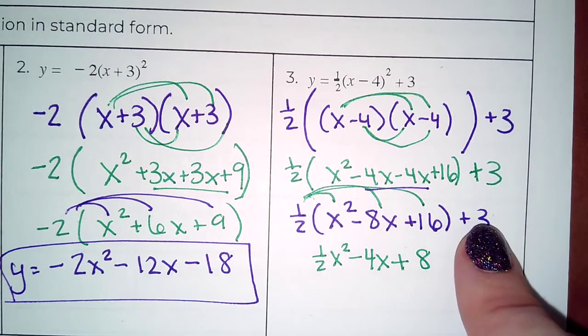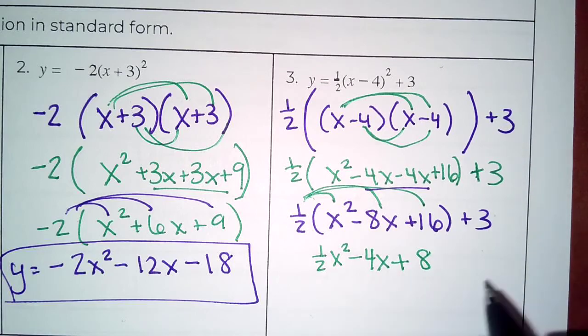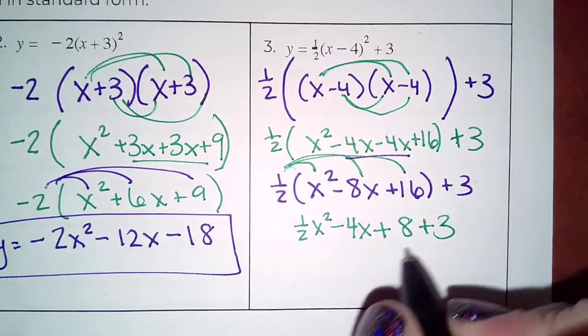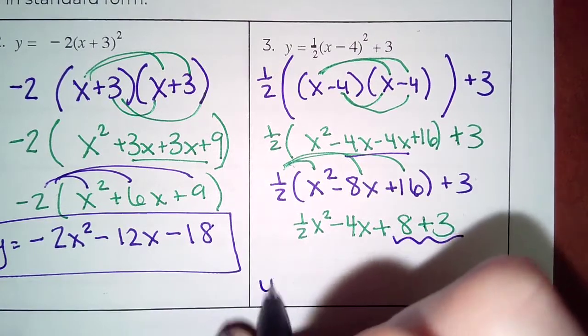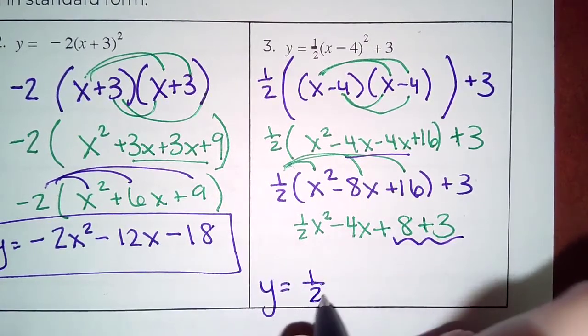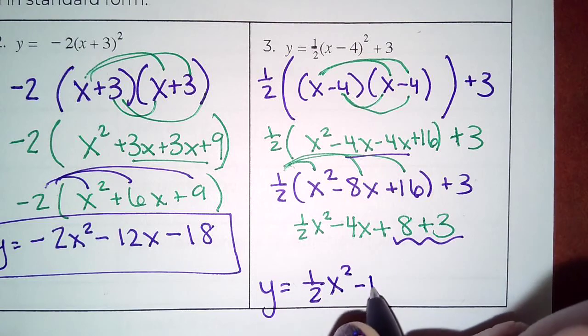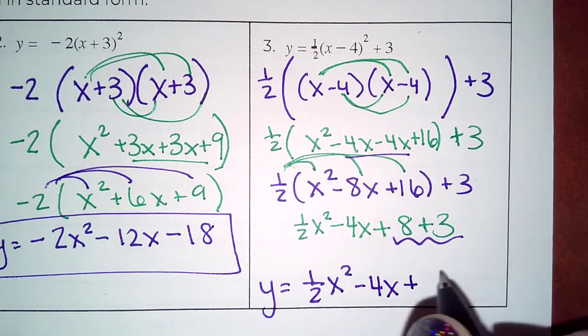And we don't distribute it to the 3 because the 3 is not in the parentheses, but we can go ahead and drop that down. Last step would be to combine my final like terms right here. So y equals 1/2 x squared minus 4x plus 11.